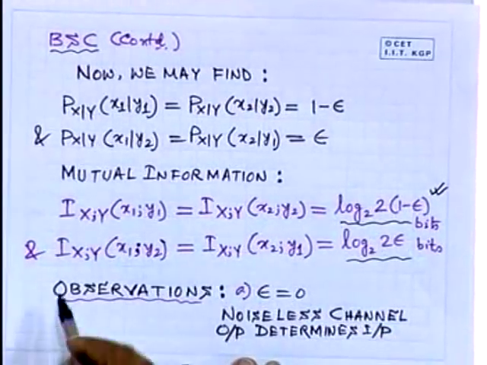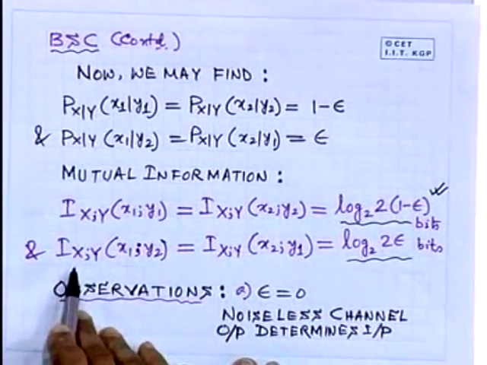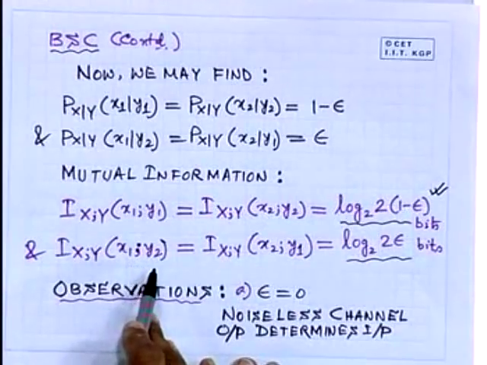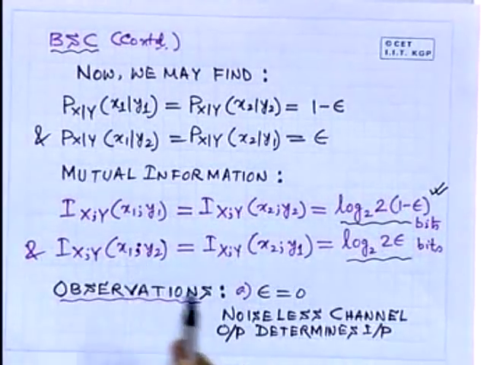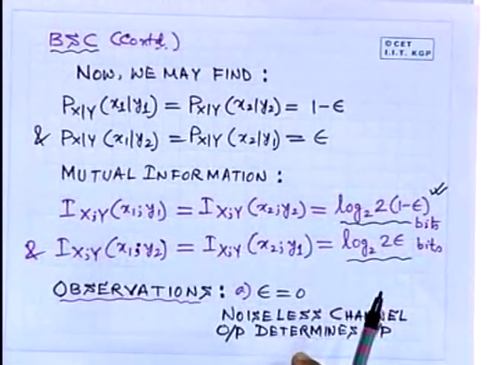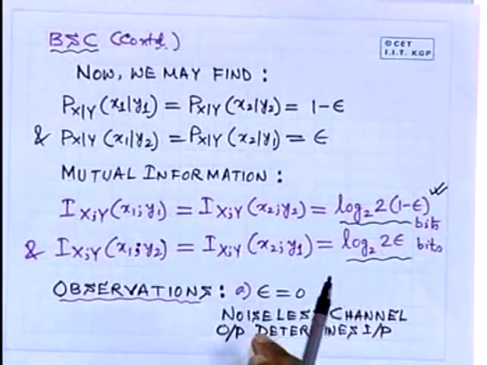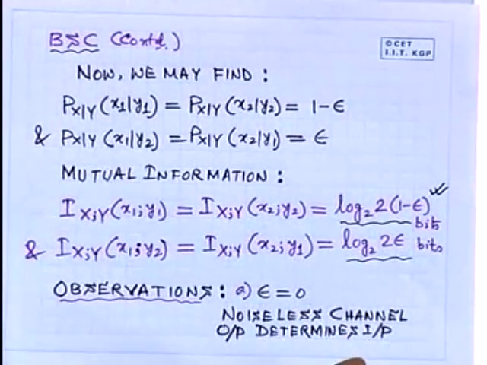The other kind of information I could expect is I(x1; y2), the information about x equal to x1 at the input when I have actually received y2.